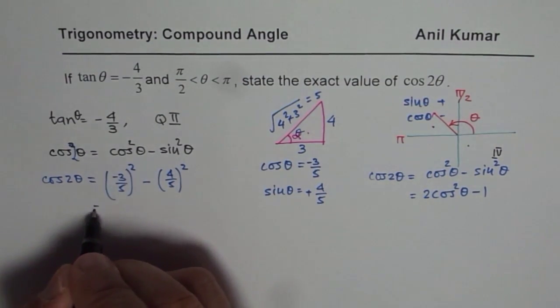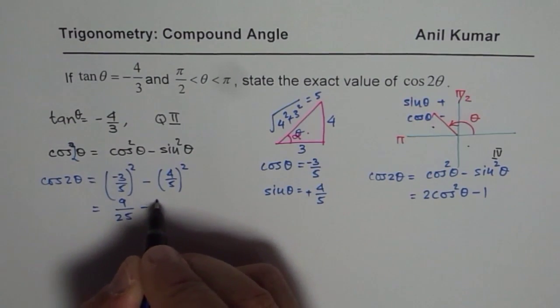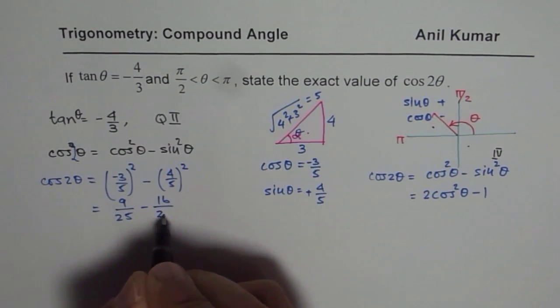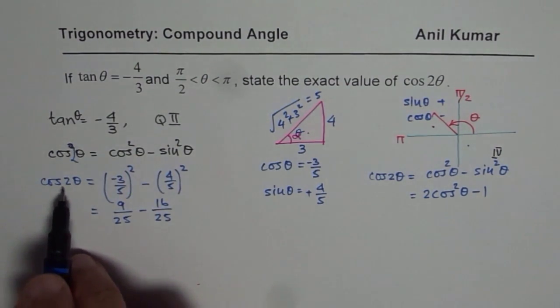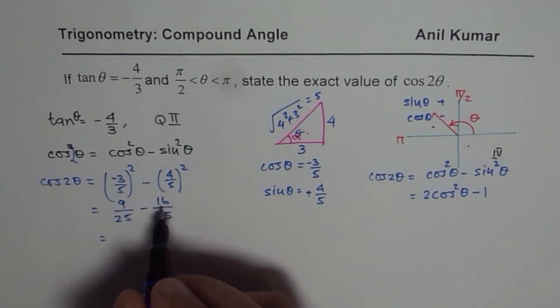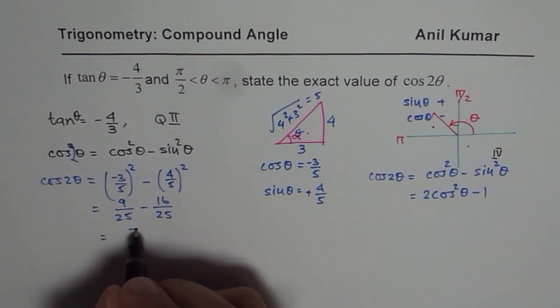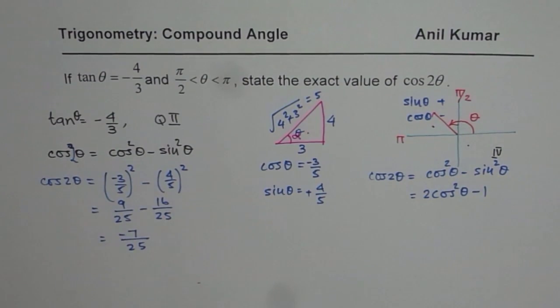That gives you 9 over 25 minus 16 over 25. 9 minus 16 will be minus 7. So we get minus 7 over 25. That is the value of cos 2 theta.